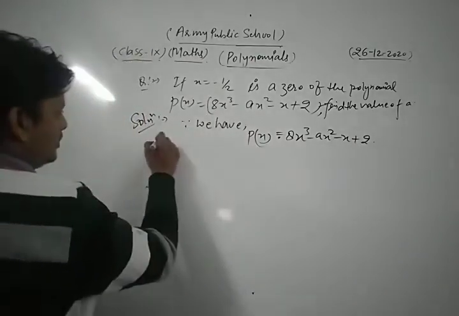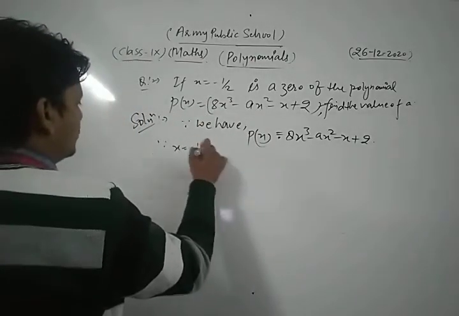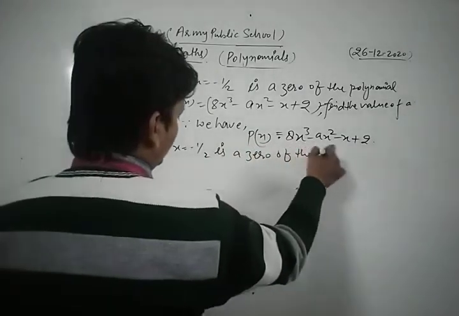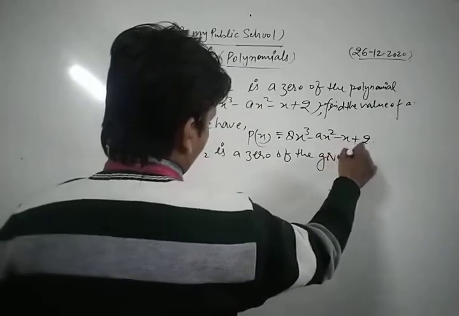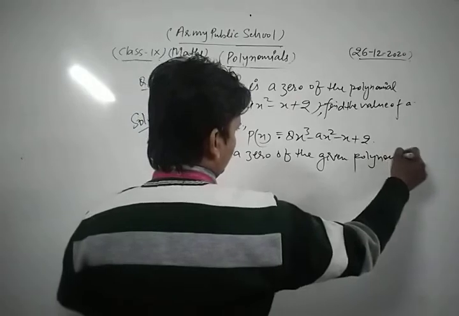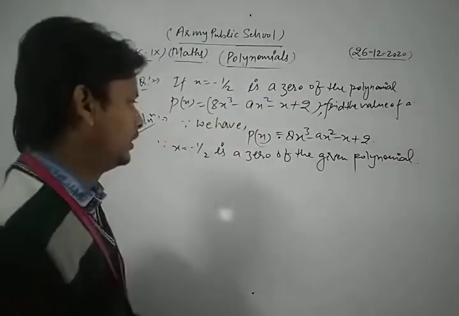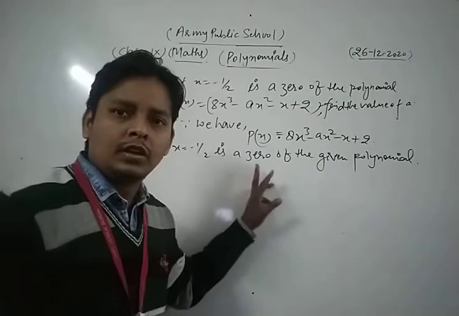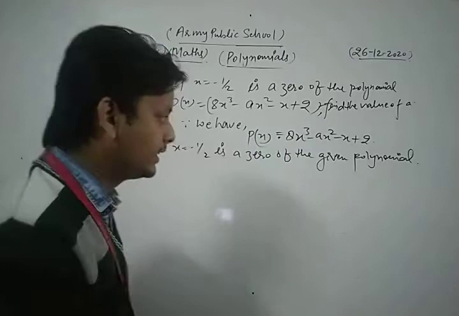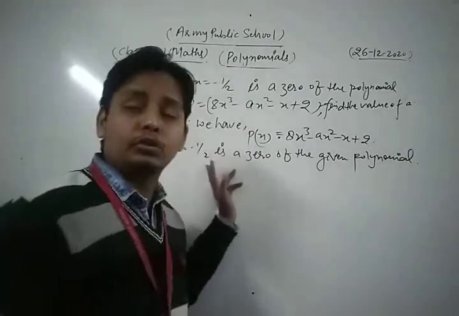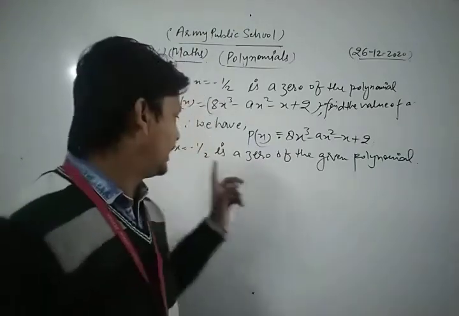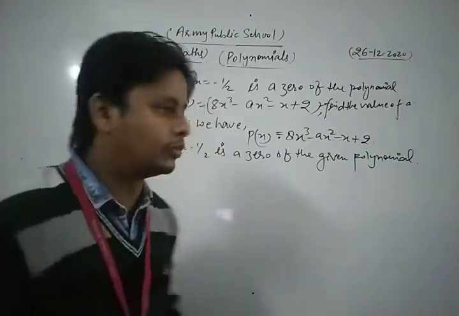Since x is equal to minus 1 by 2 is a zero of the given polynomial, it means that the value of the given polynomial at x is equal to minus 1 by 2 becomes 0.